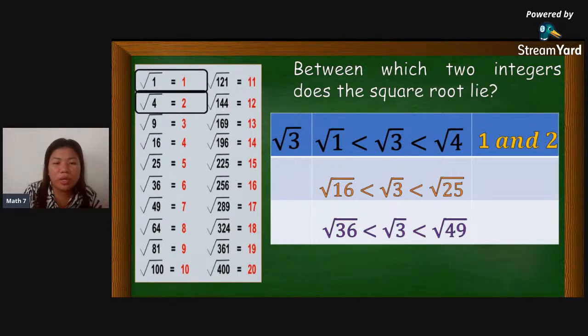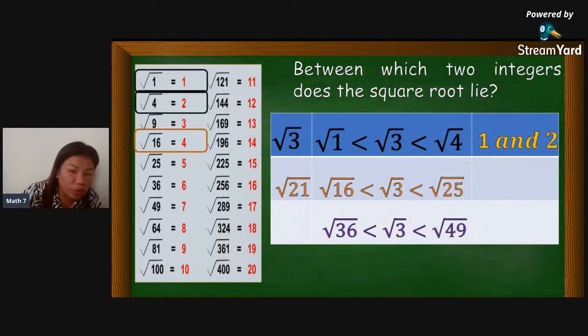What about square root of 21? In between siya ng square root of 21. Square root of 21, in between siya, o sa pagitan siya ng square root of, wait lang, puro 3 ito.